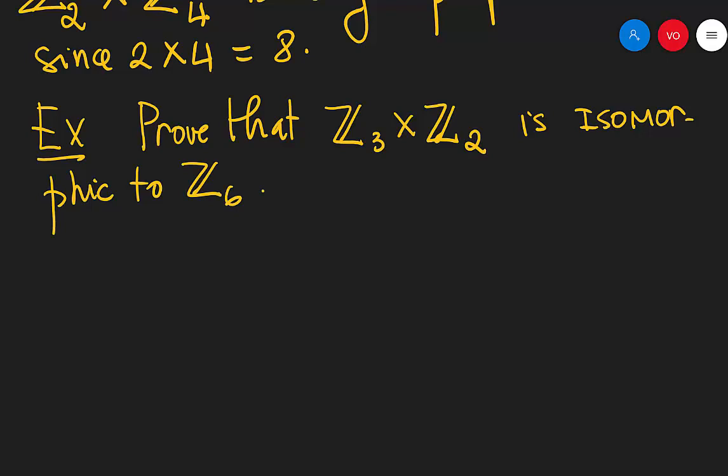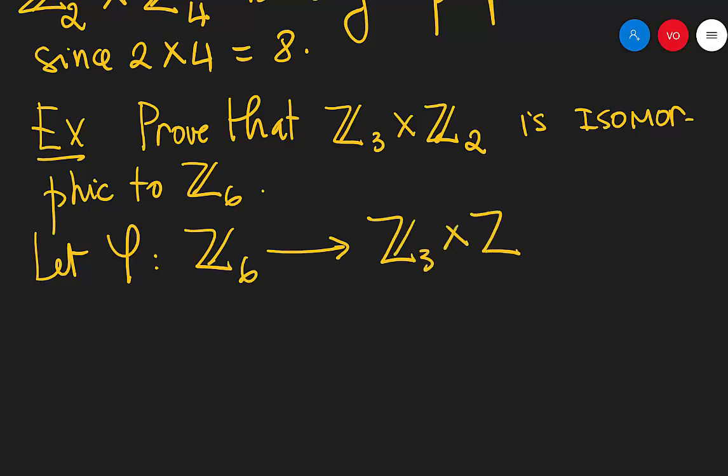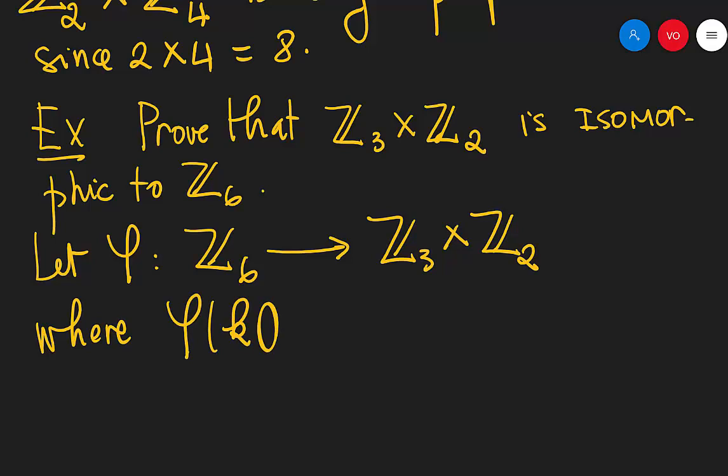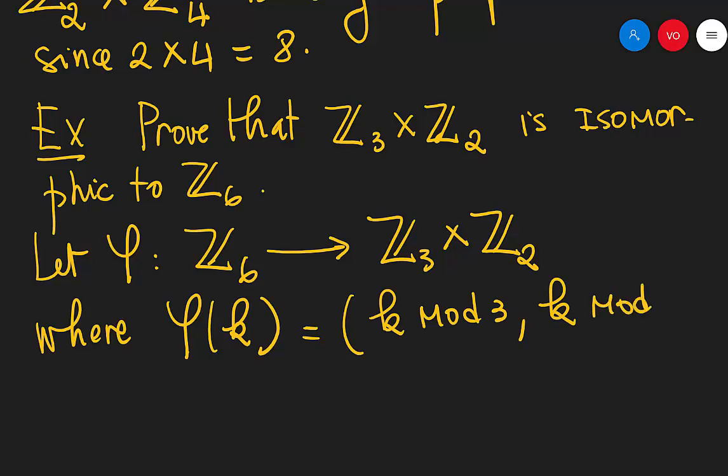And to this end, I will construct an isomorphism. So let phi be a map between Z6 and Z3 cross Z2, where we'll say that phi of k is (k mod 3, k mod 2).